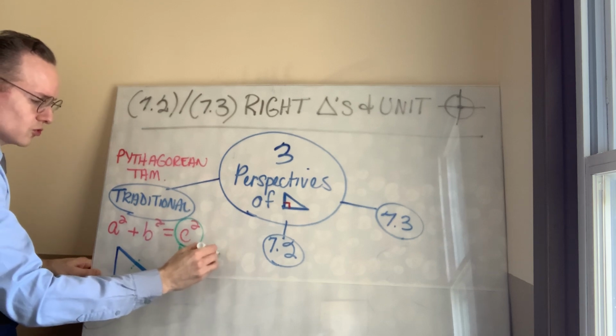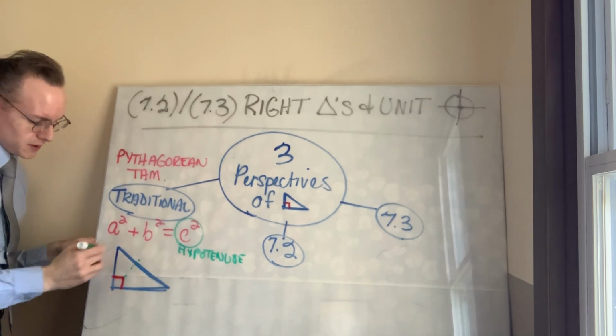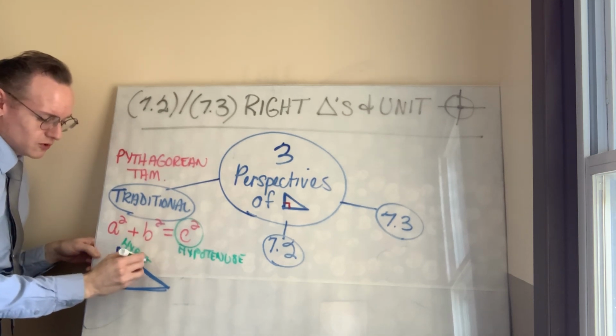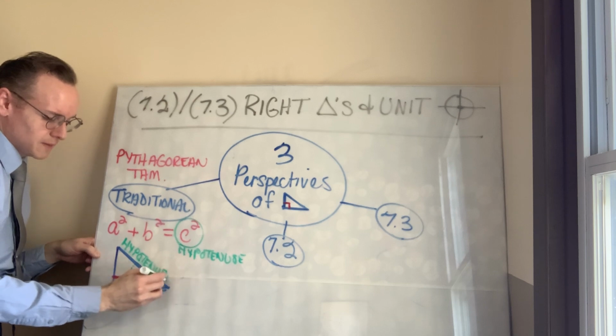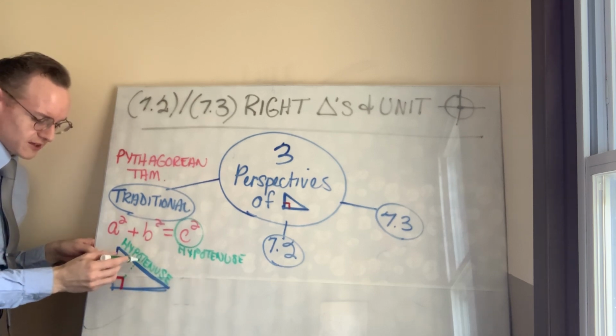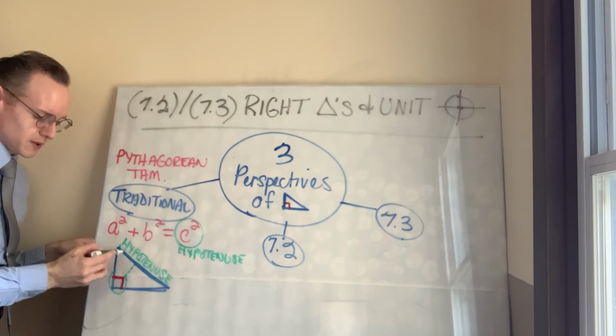Remember, the hypotenuse is the C value in the formula, but in the picture it would be this dimension. Hypotenuse is the Greek word, I believe, for longest side of a right triangle. All right, and you could identify it, as long as you have a picture, by just looking for where the box is and then just noticing that it should always be directly across from that, this dimension here.